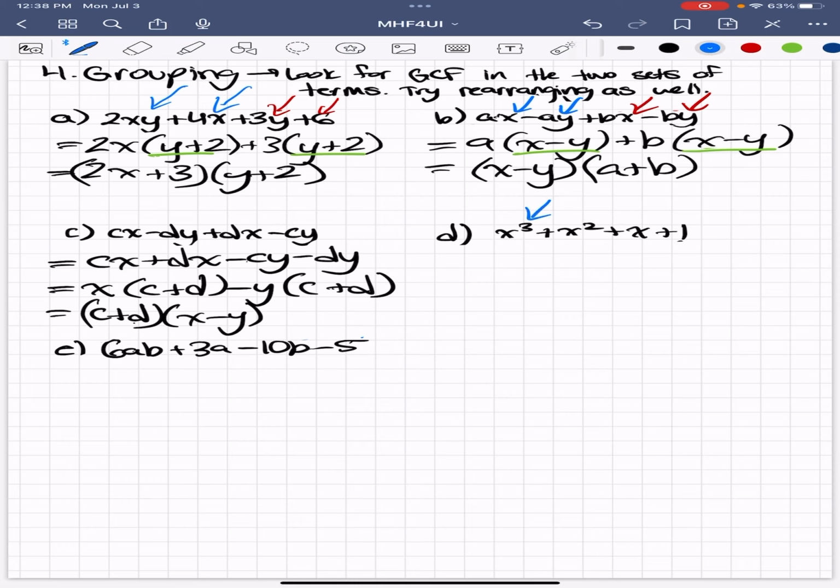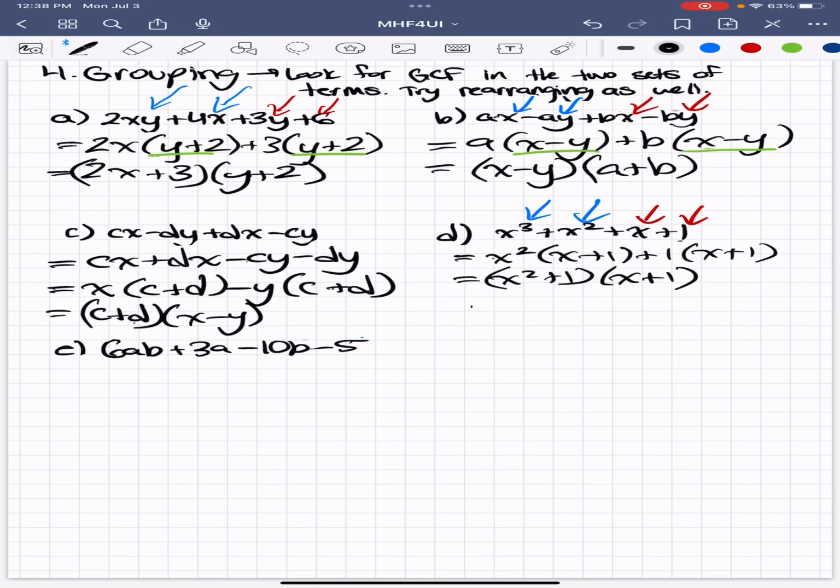I see an x squared. And you can see both of them were the same, and I just factored as it would be.